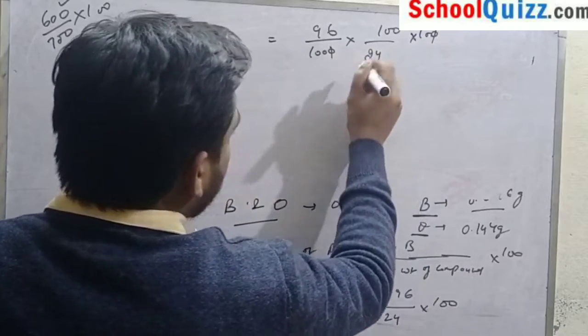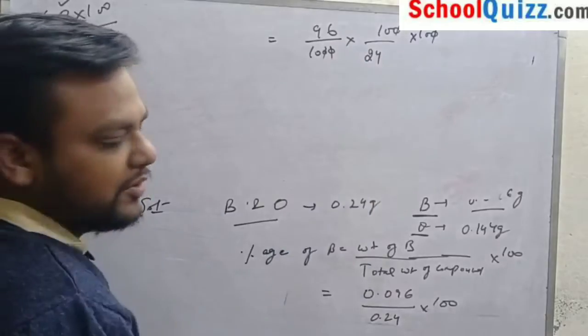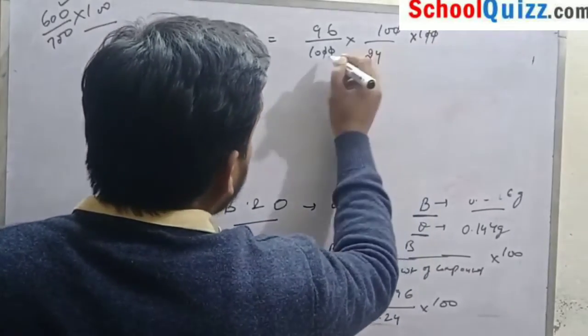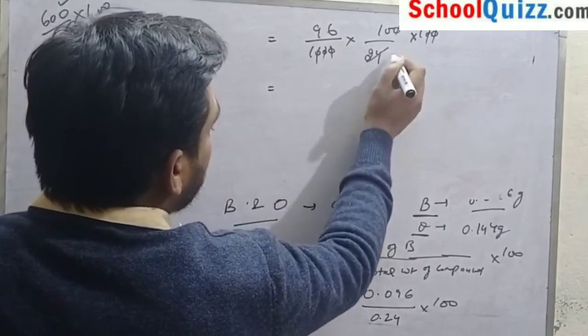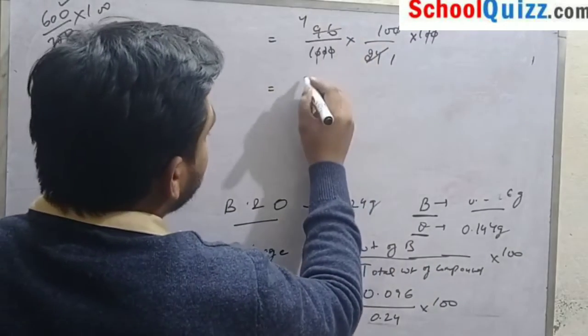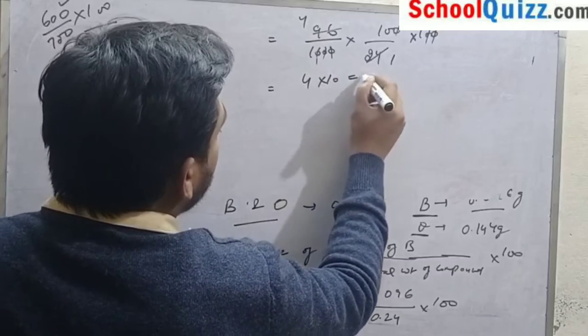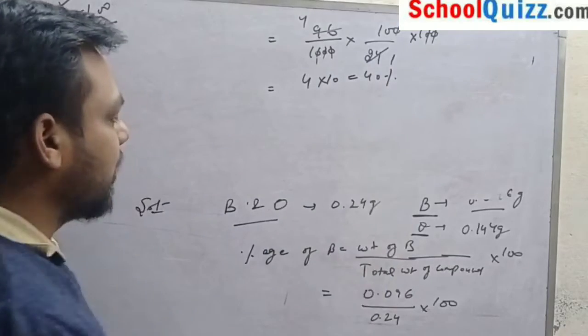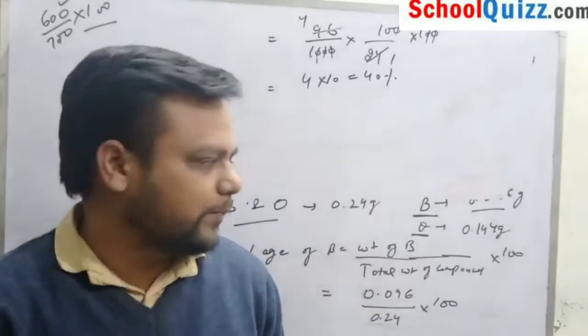These zeros cancel out with this, this zero cancels out with this. Then 24 ones are 24, and 4 multiplied by 10, that is 40%.